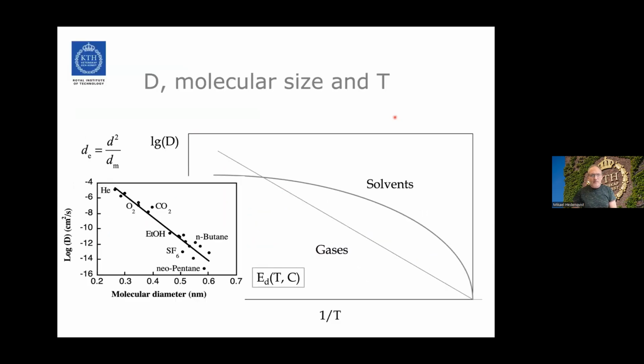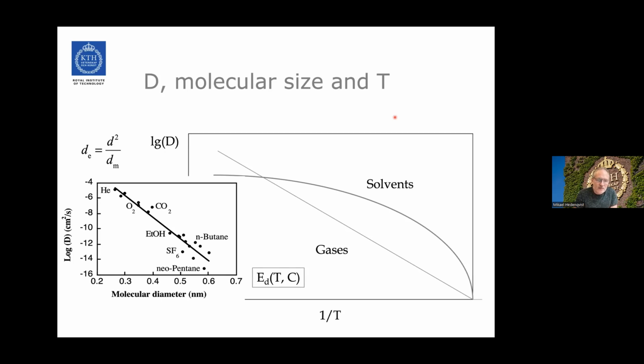I will skip that, and I will go now first into the effects of the molecule size on the diffusivity, and after that I will show things about the solubility. So, can we predict the diffusivity based on the size of this foreign molecule that travels around in our polymer?